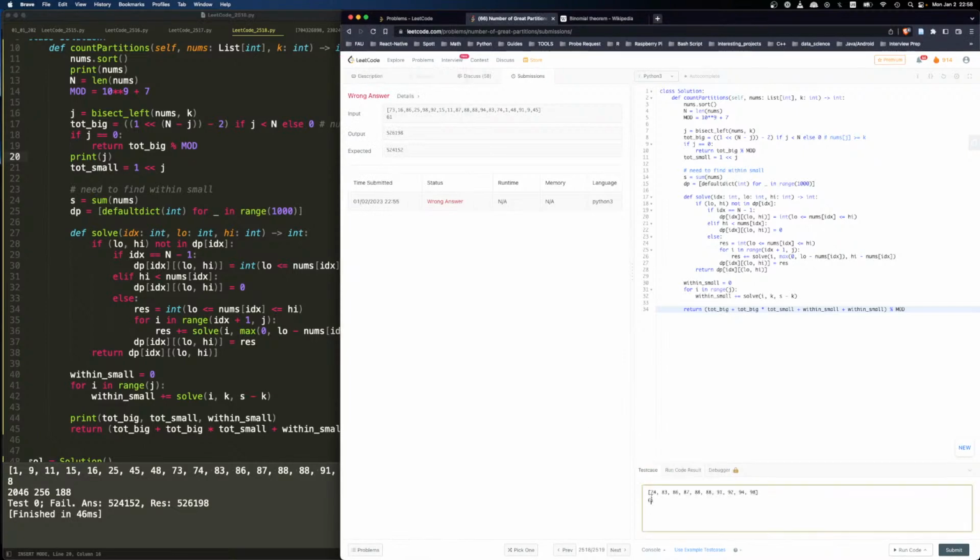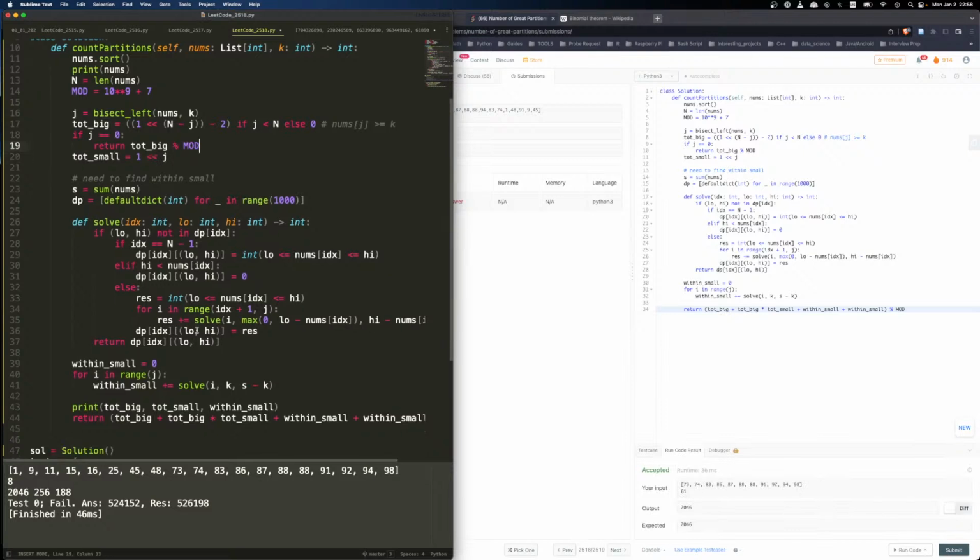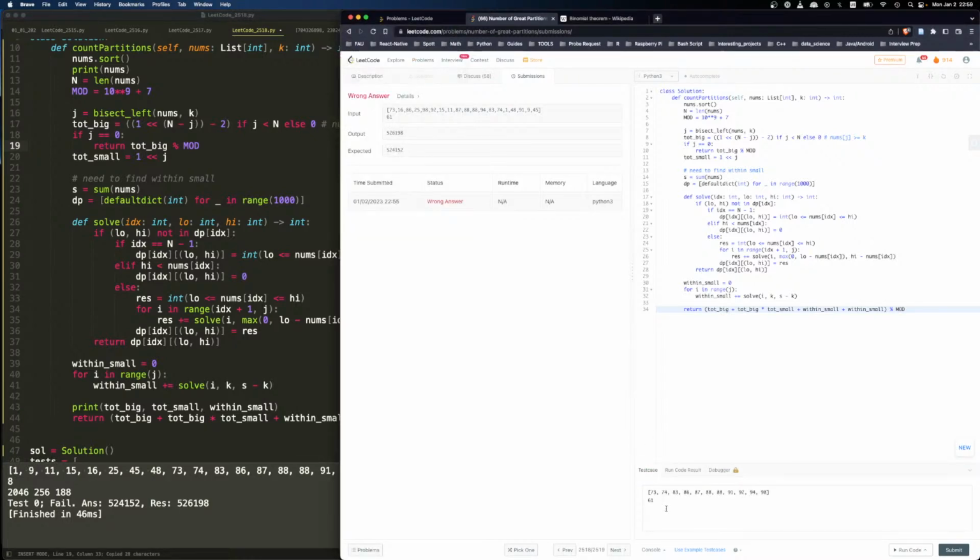My bad. Yep, so that's total big. We can also do total small by doing here. That's total small.